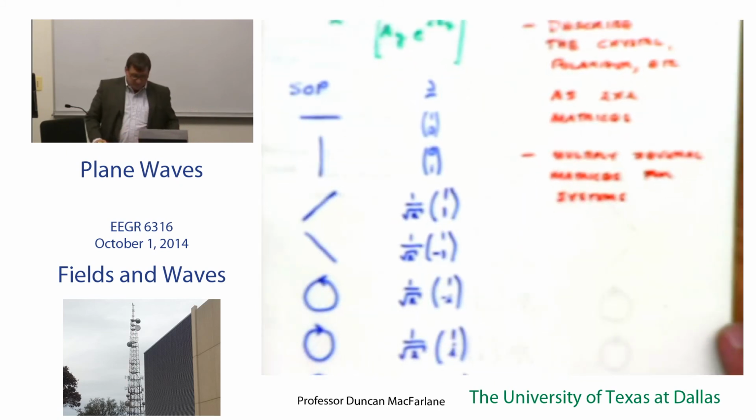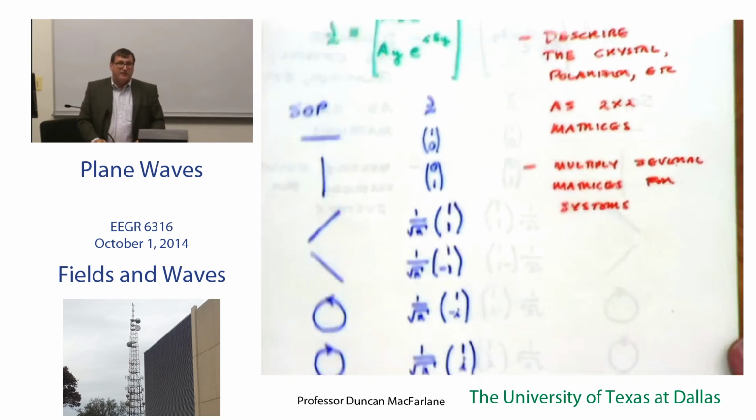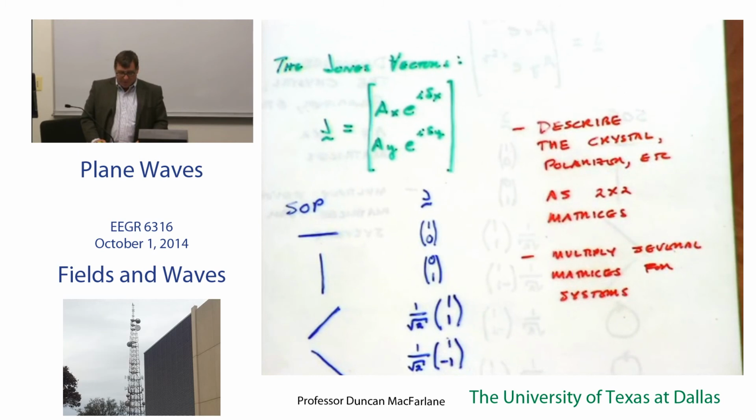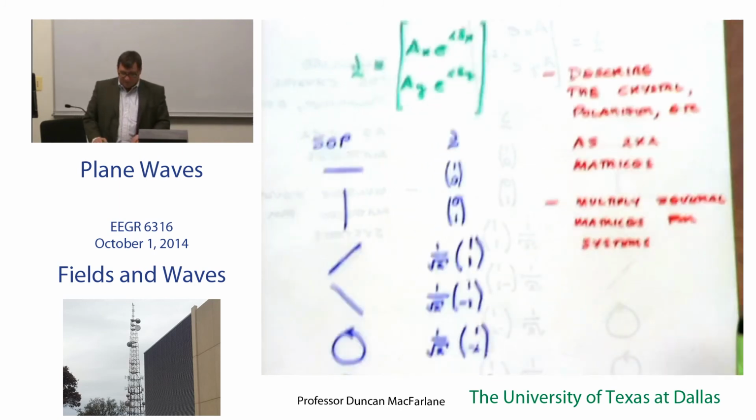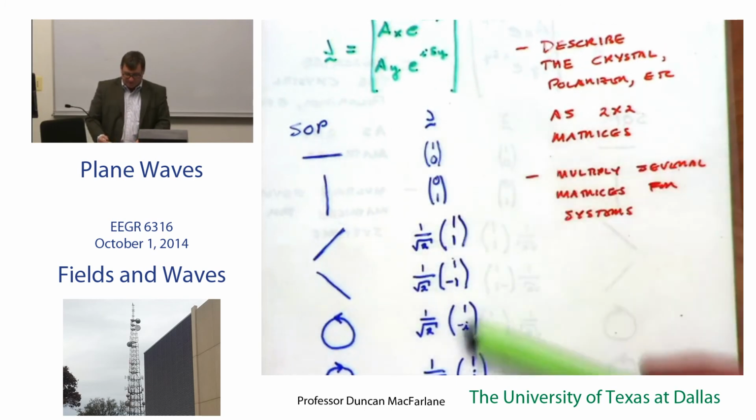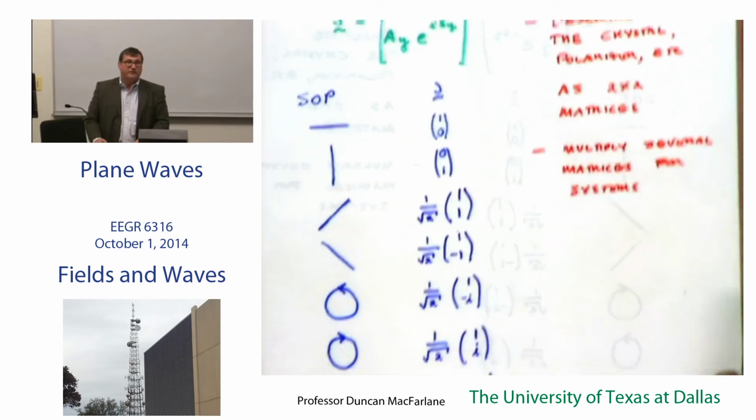I'll just point this out to you guys. There was a set of papers that was written in the '50s and early '60s by a guy named Jones, and he came up with a calculus for describing all this stuff. And really all he does is he stacks up the x component as one vector and the y component as the other vector. And so this is now a vector, and he's able to describe different states of polarization in terms of different vectors.